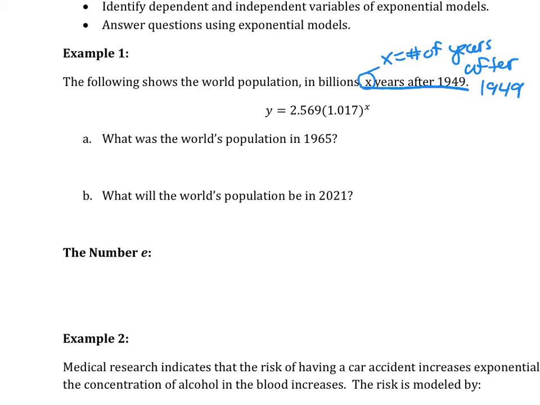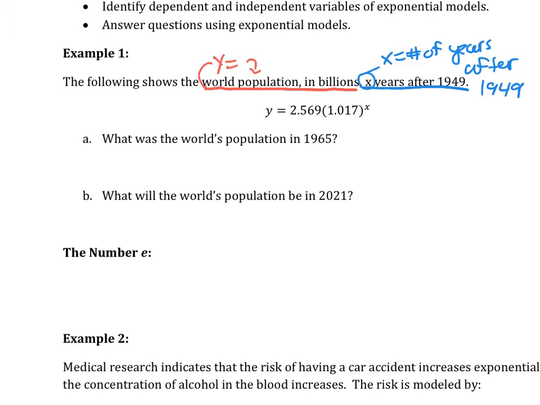And then our Y value in the equation is just what the equation equals, or what it's telling us, which in this case is the world population in billions. So this right here is what Y equals. Okay, so then that's just giving us some information about the equation.